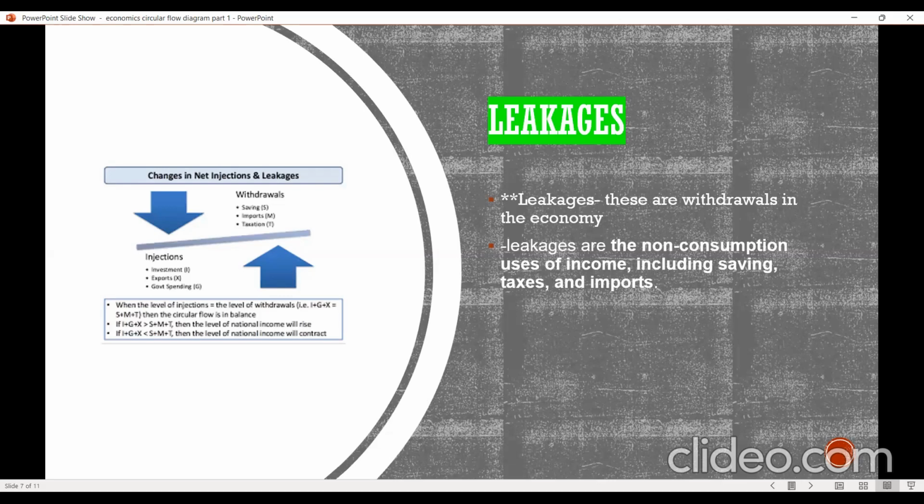Now, what are the sources of leakages? The main sources of leakages in the circular flow diagram are savings, taxes, and imports.